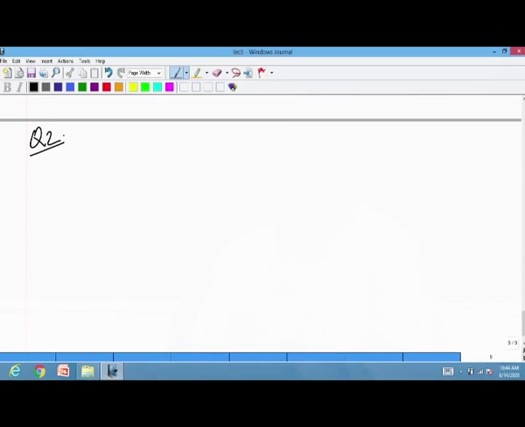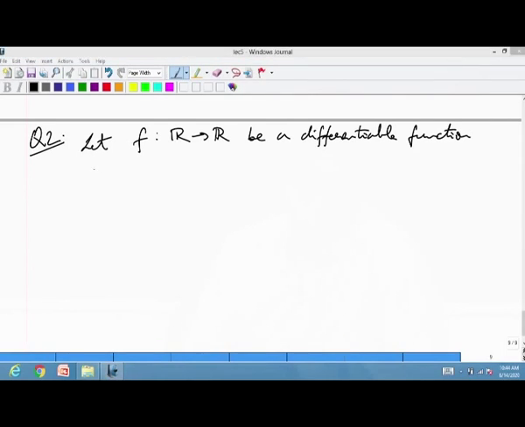Let us do the second problem. Let f from R to R be a differentiable function such that f of 0 equal to 0.